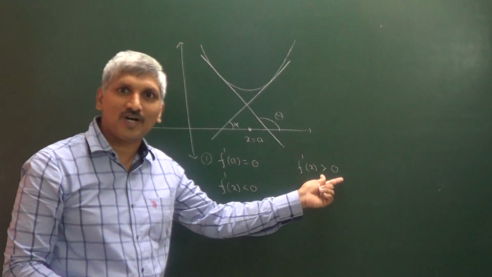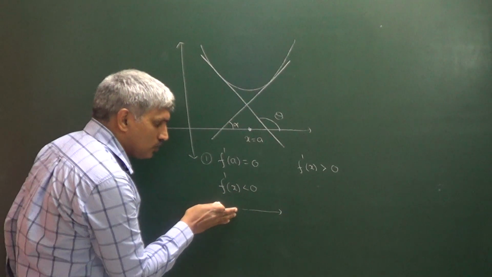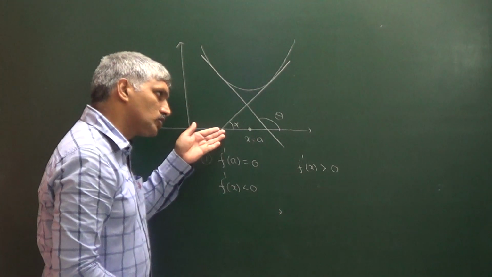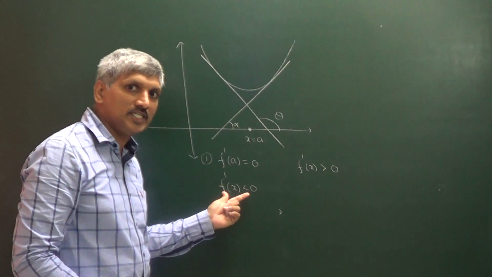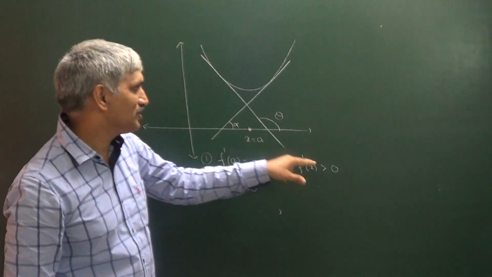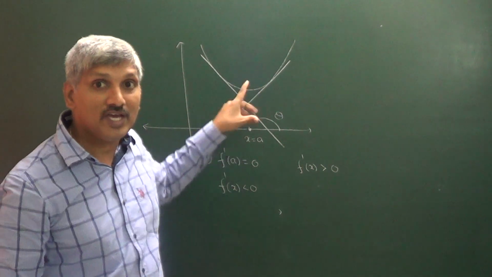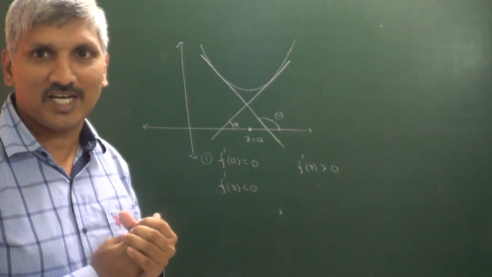Greater than 0 means positive, less than 0 means negative. But negative to positive means at x is equal to a, we have a local minimum value for the function, right?